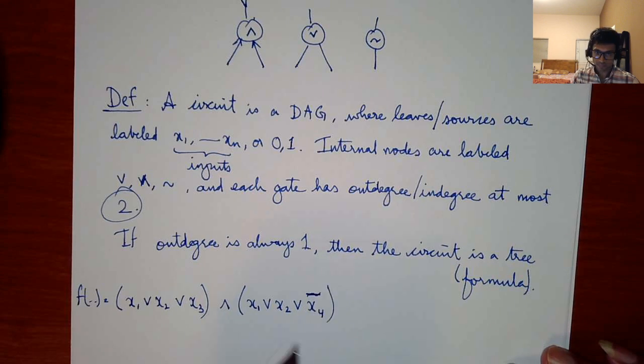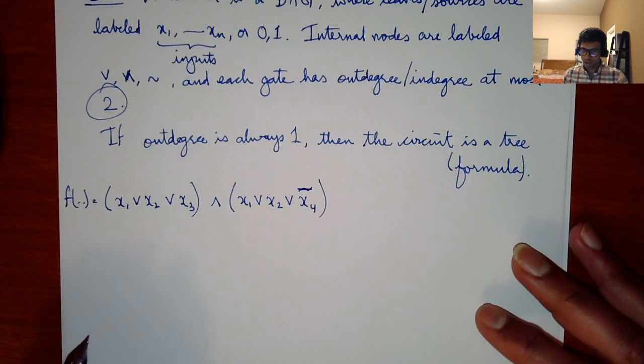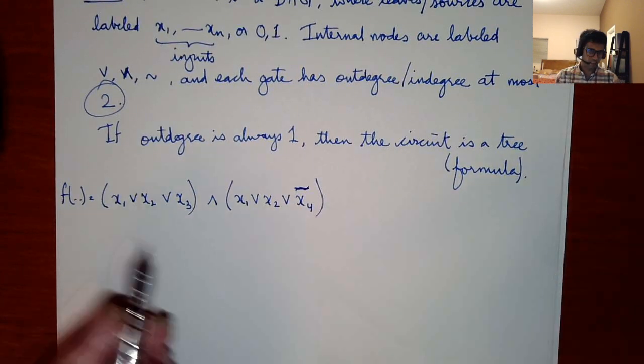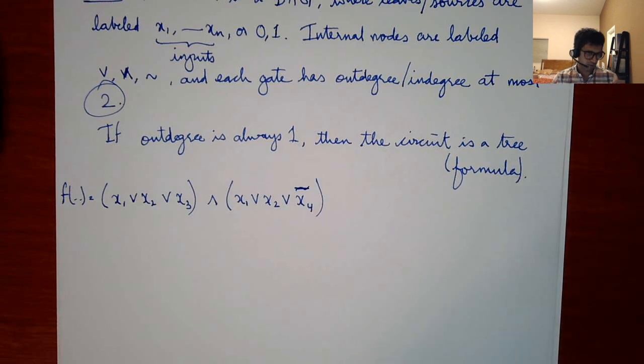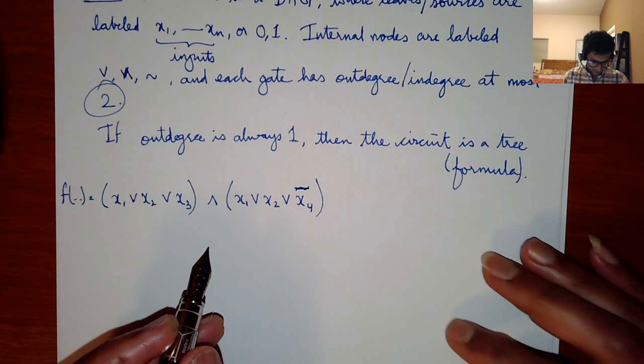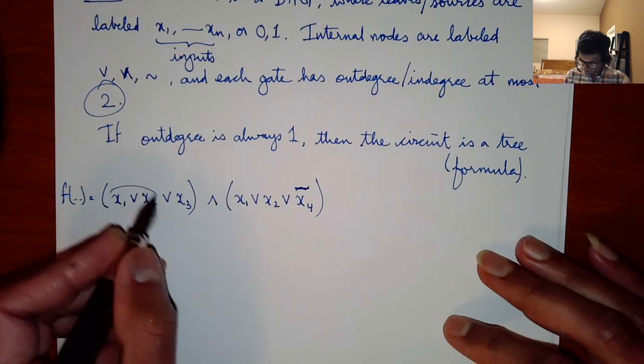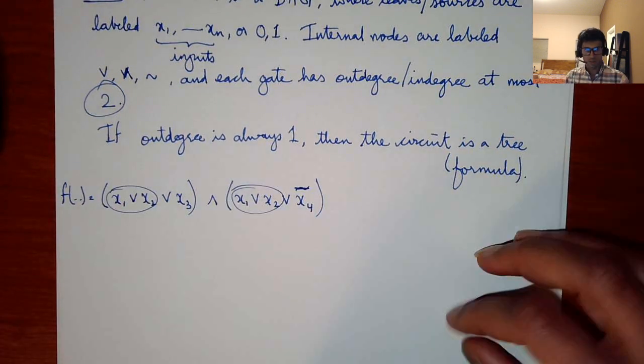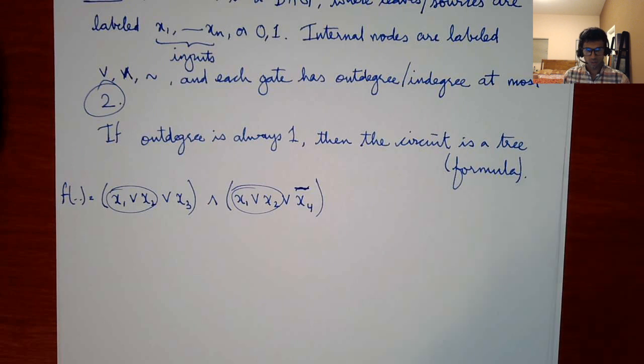So note that what I have written here is actually a CNF, it's a formula. You can write this as a tree, as a circuit that has a tree. But observe that this x1 or x2 is used in both clauses. So in a circuit, I can compute this once and then reuse the value.